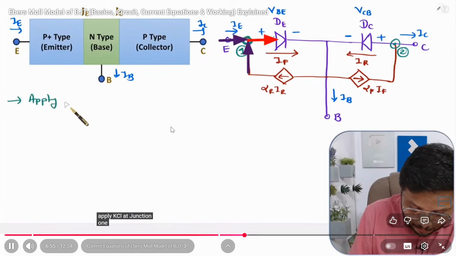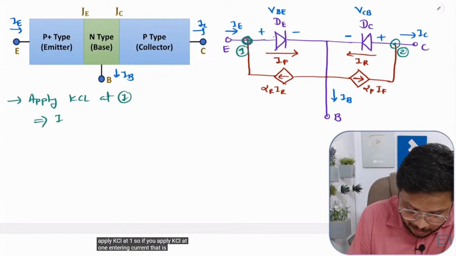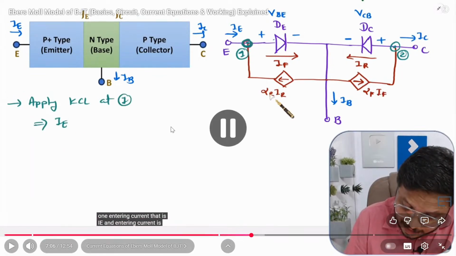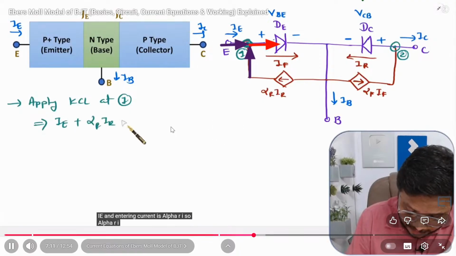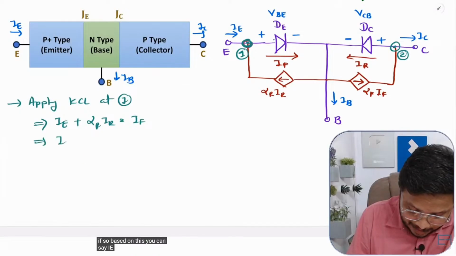If you apply KCL at 1, the leaving current is IE, and the entering current is alpha R IR. So alpha R IR equals the leaving current IF. Based on this, you can say the IE current will be IF minus alpha R IR.